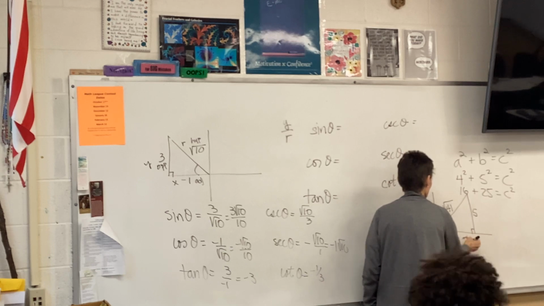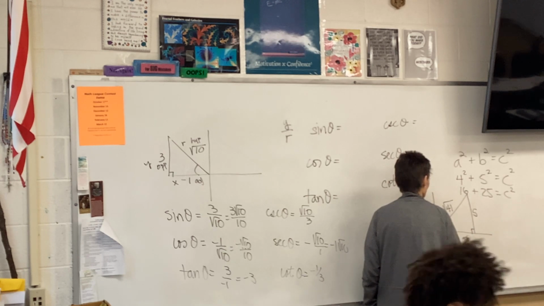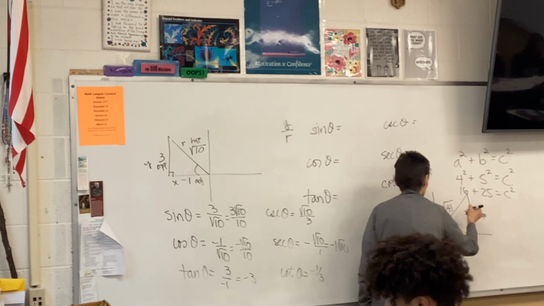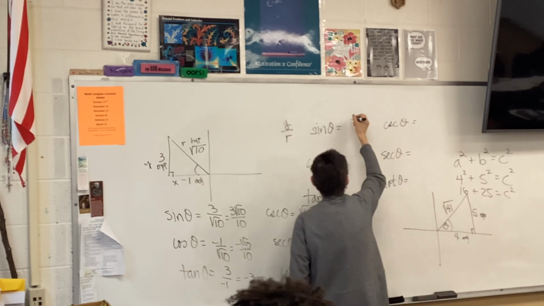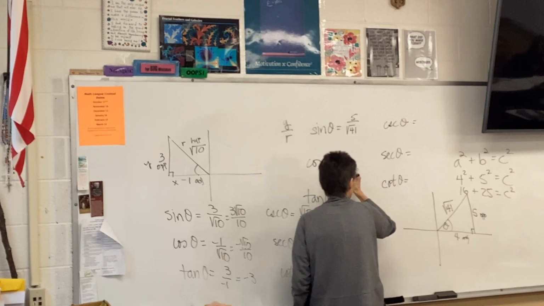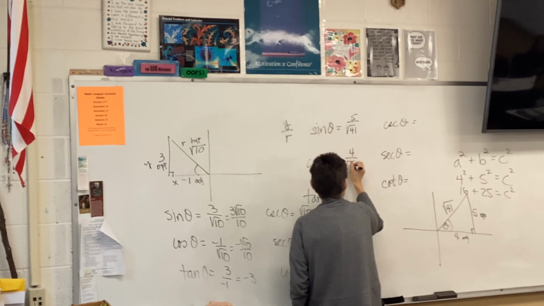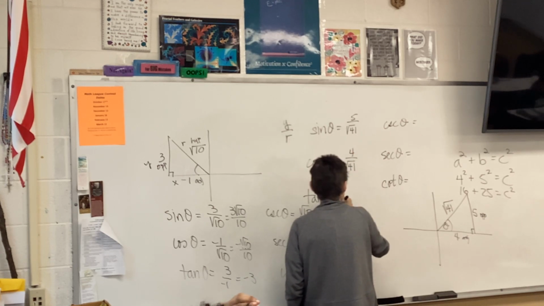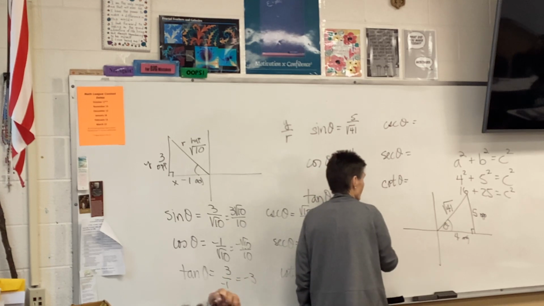4 is adjacent, this is an angle. 5 is opposite. Here we go. Sine is 5 over root 41. Cosine is 4 over root 41. I know I haven't simplified yet. And tangent is 5/4.